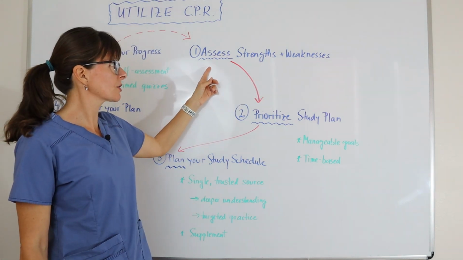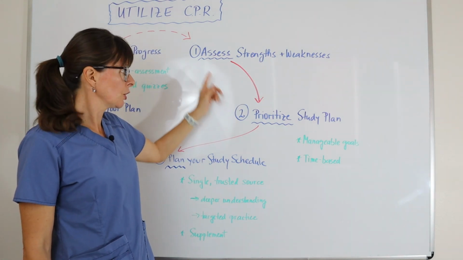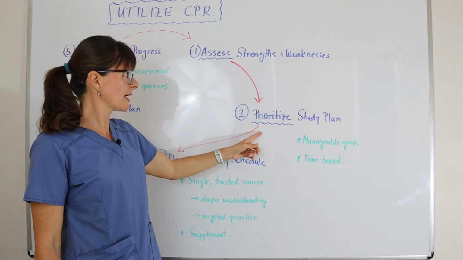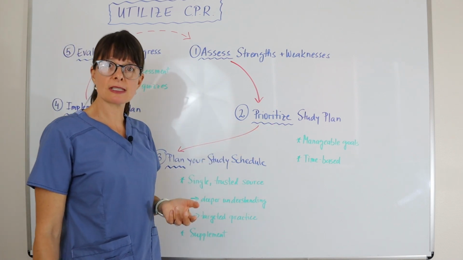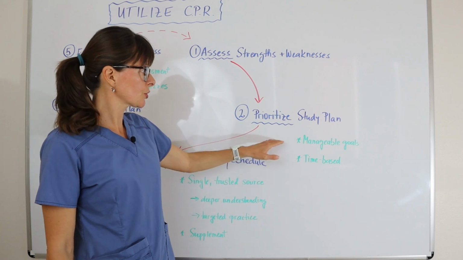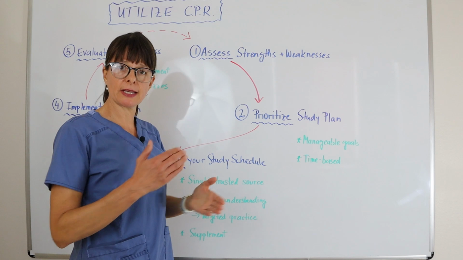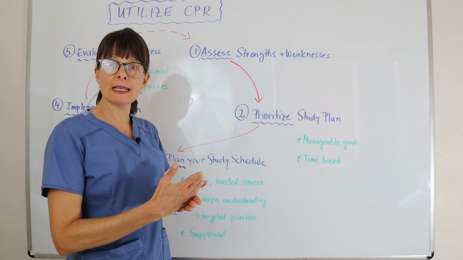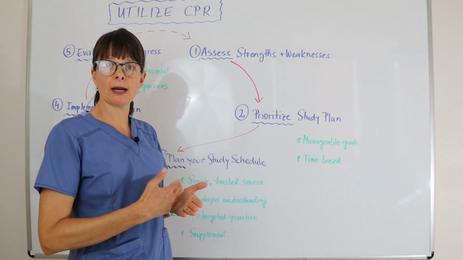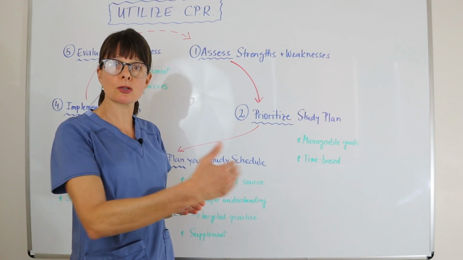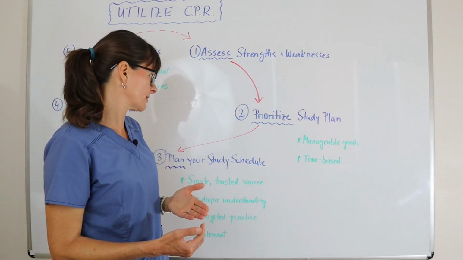After you've assessed your strengths and weaknesses, you can come up with a prioritized study plan. And just like in patient care, you should have manageable goals and it should be time-based so that you have a deadline of when you can accomplish certain milestones in this review process.